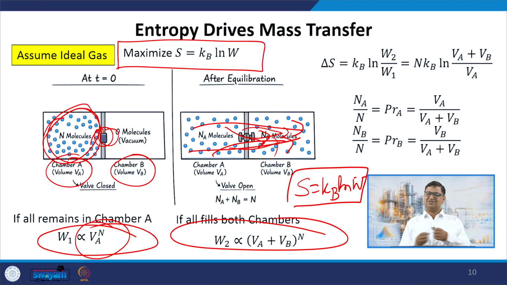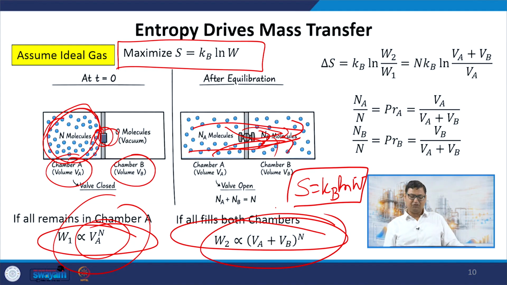The number of ways of putting a molecule goes like VA plus VB, whereas in the other case it goes like VA. So for n molecules, it is VA to the power n in the previous case, and VA plus VB to the power n in the next case, and therefore there is going to be an entropy change as soon as you open the valve, right?